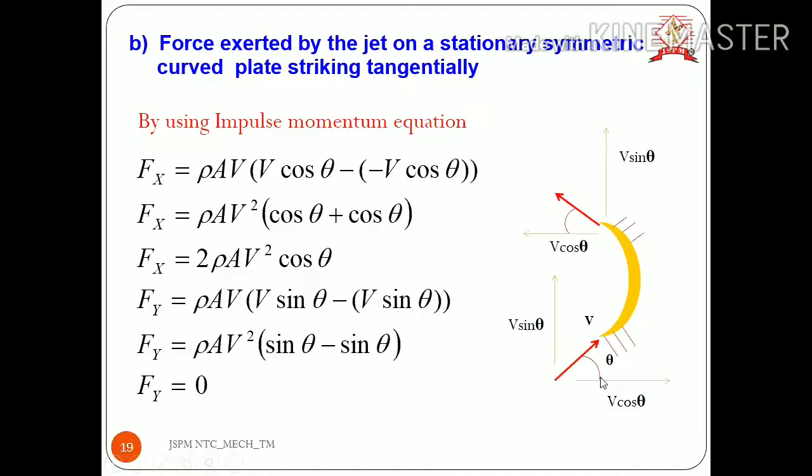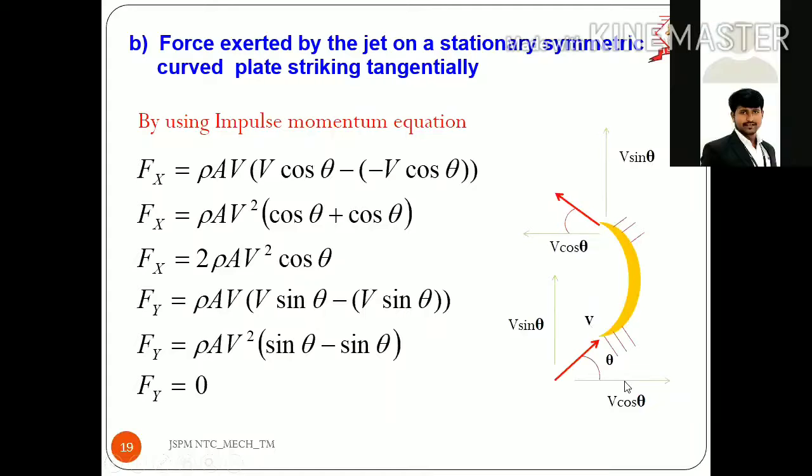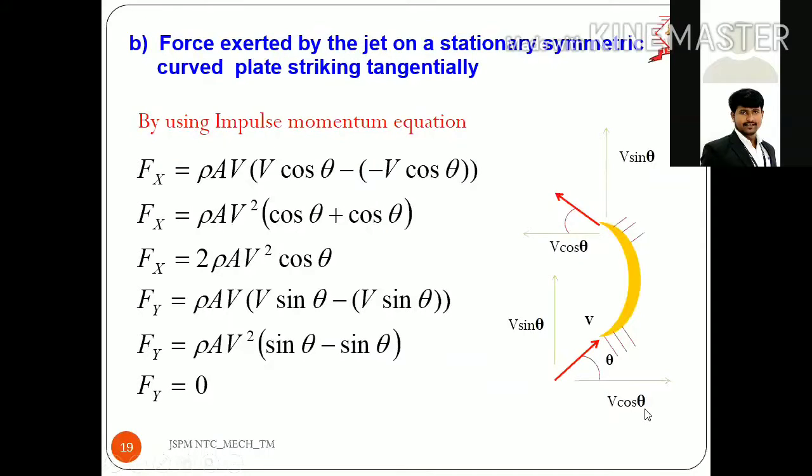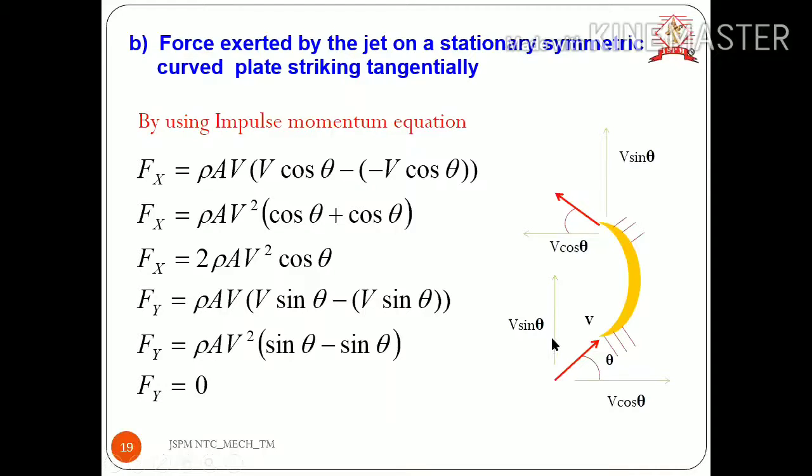So the jet is inclined at an angle theta with horizontal. So resolve it into two components. The magnitude of the velocity is v. So we'll get the horizontal component v cos theta and the vertical component v sin theta.